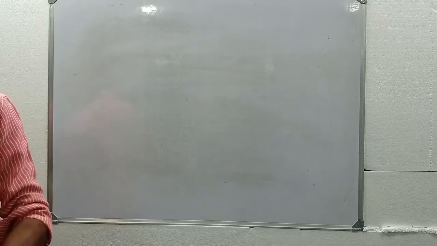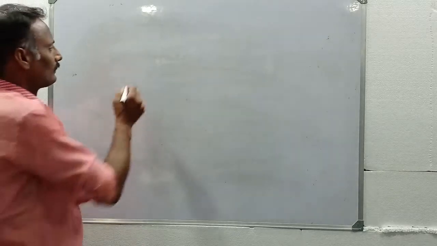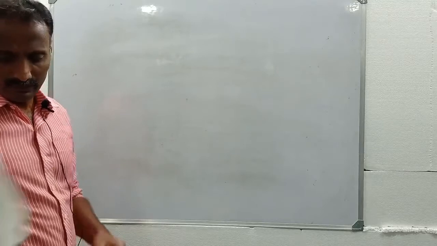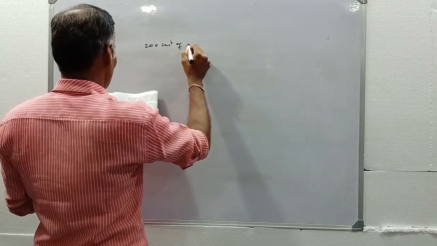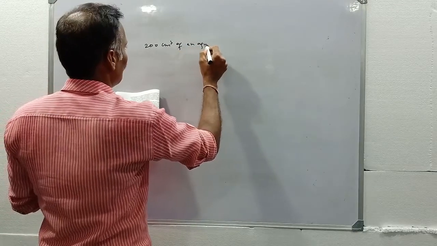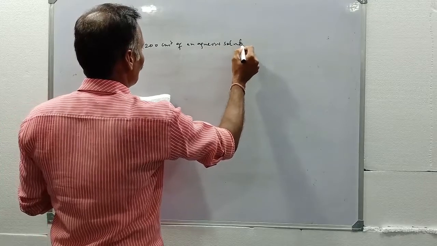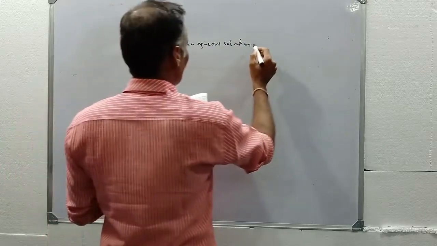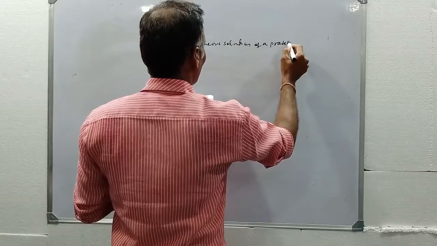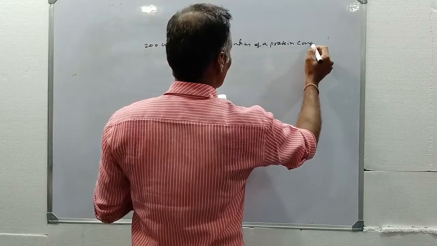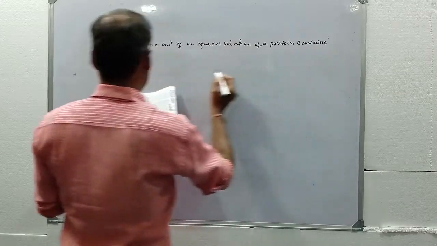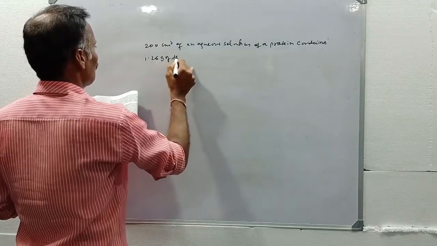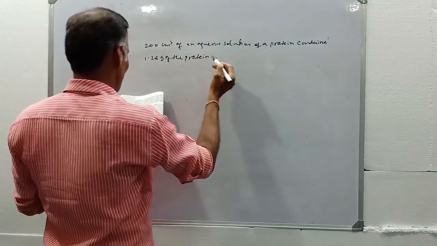This is one of the important problems asked in examinations. 200 cm cube of an aqueous solution of a protein contains 1.26 gram of the protein.